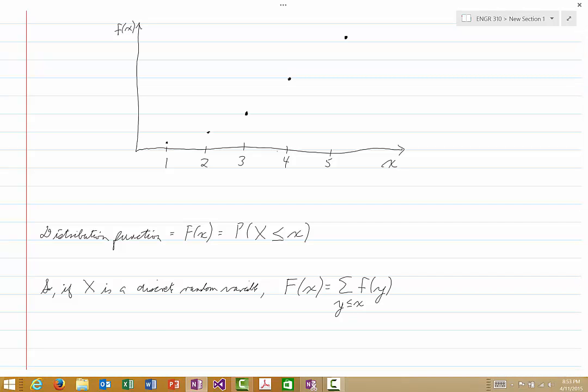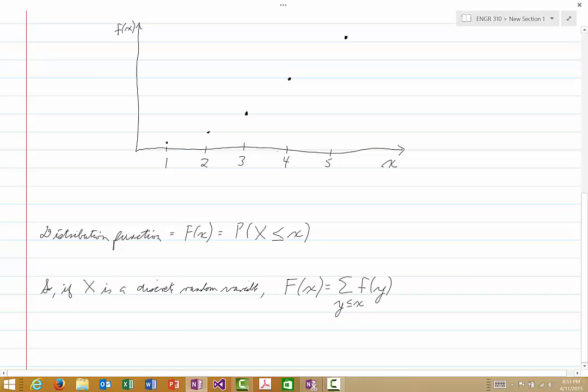And we want to sum up all the probabilities of the random variable assuming values as long as the value in question is less than or equal to little x. And so that's exactly what this sum says, that we sum up all of those probabilities for all values y that are less than or equal to x.